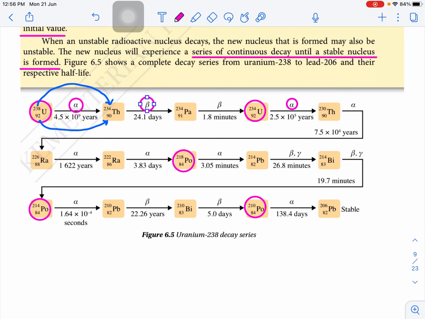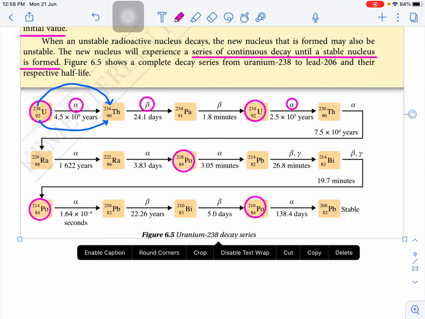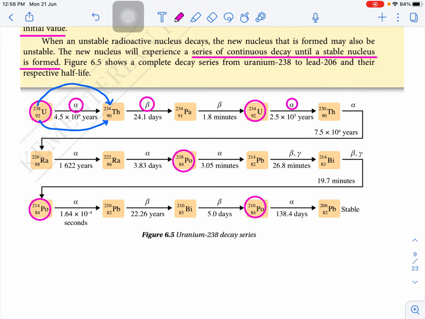A beta particle is an electron with high kinetic energy, or a high-moving electron. When thorium emits a beta particle, it doesn't affect the nucleon number. The nucleon number of thorium is still the same, 234. The new nucleon number is still 234, unchanged.